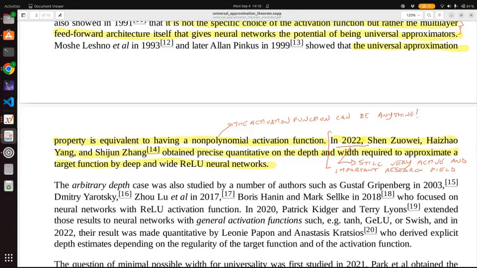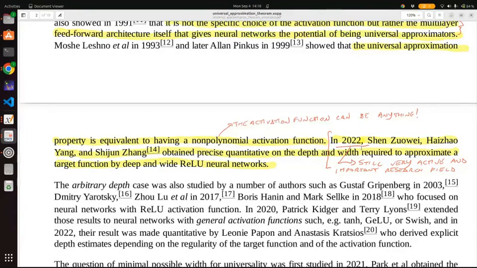ReLU is another activation function, different from the sigmoid. Why am I telling you this? Just to let you notice that this is a result from last year, and this shows you that despite the fact that the first original theorem was in '89, this is still a very important research field.